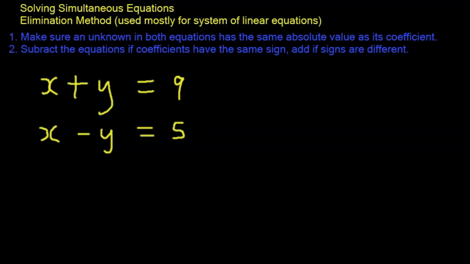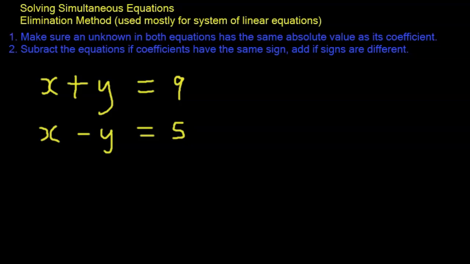Likewise, 5 and negative 5 have the same absolute value, because each is 5 units from 0. So 1 and negative 1 have the same absolute value because they have the same distance from 0.